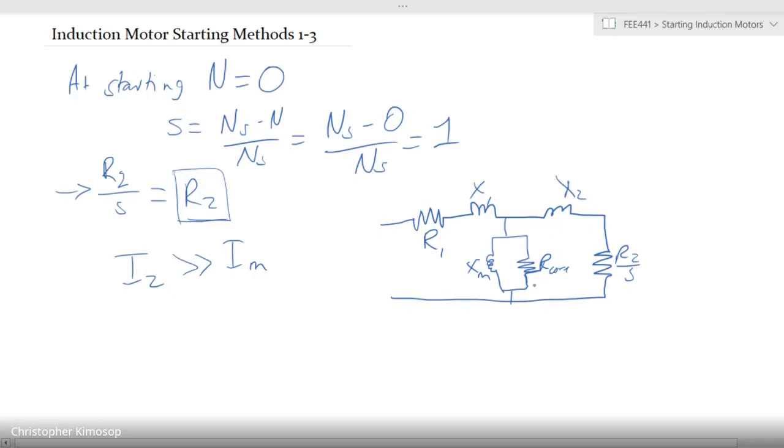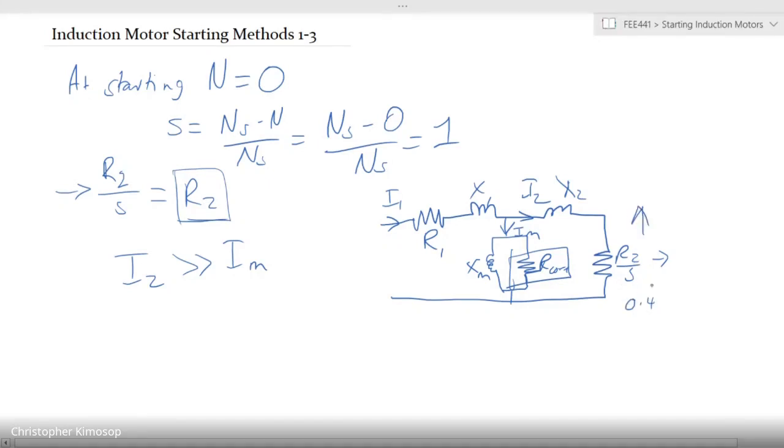Remember, we transferred the R core to the other side because we usually lump it together with the windage and friction losses. So our current I2 here, this is I1, and this is IM. At normal running, the value of S is usually very small, roughly 0.04, which makes R2 over S go up.